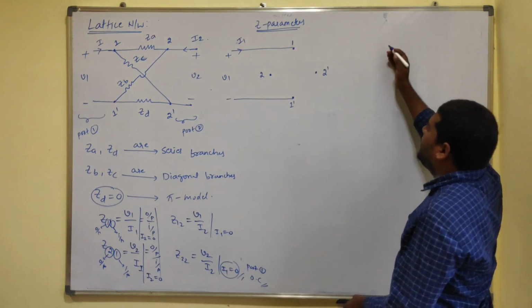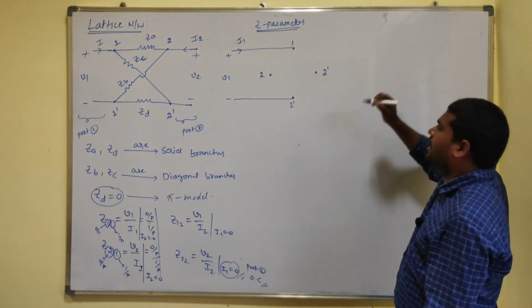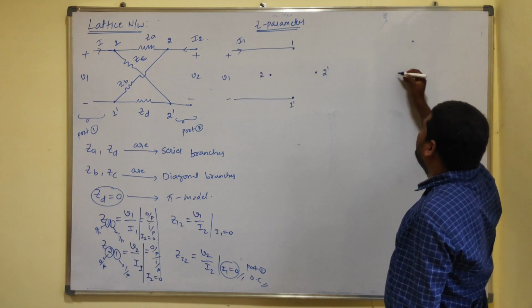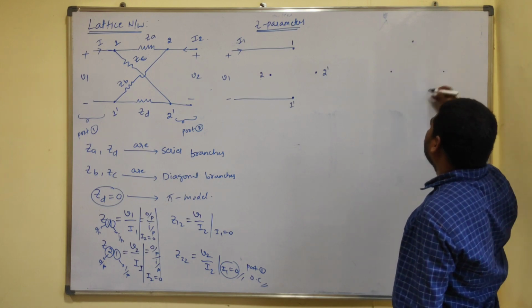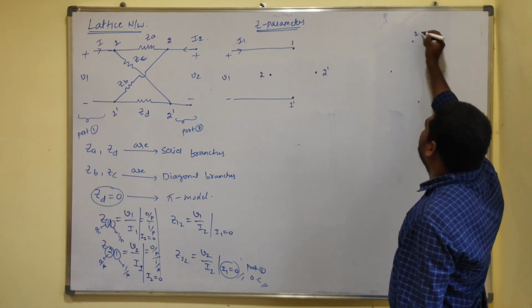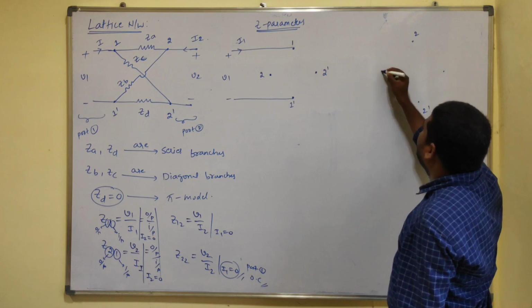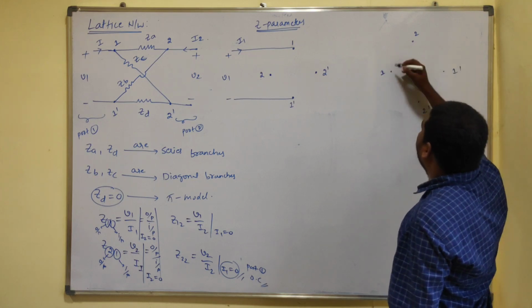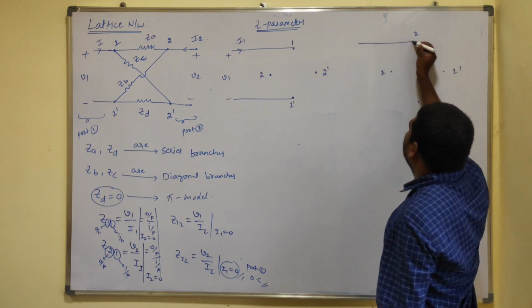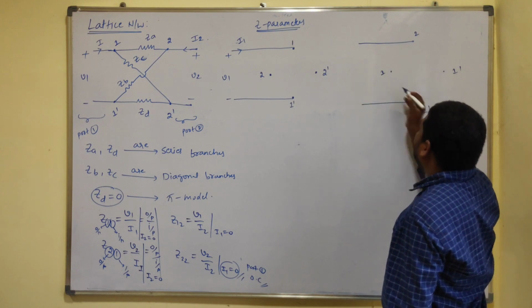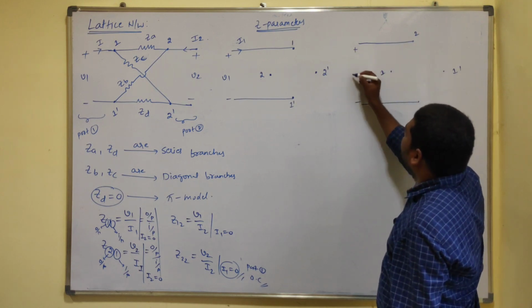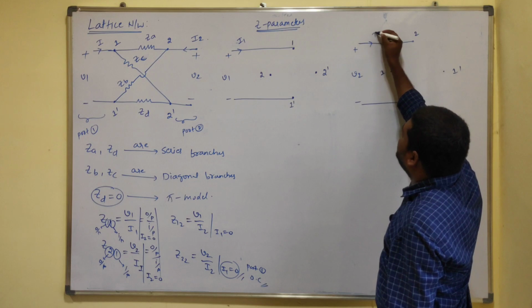Now I will take port 2 as a reference point. So we have 4 dots: 2 and 2 dash, and here 1 and 1 dash. Port 2 means variables V2 and I2.